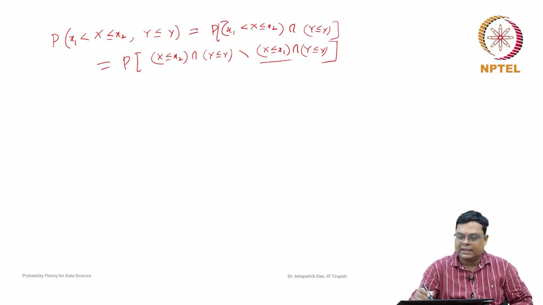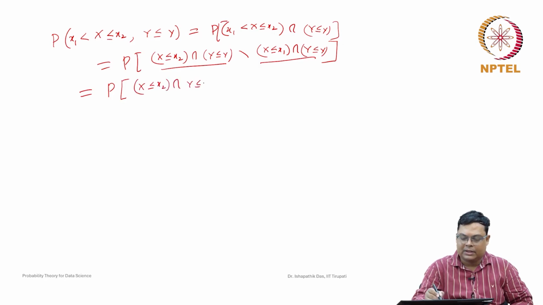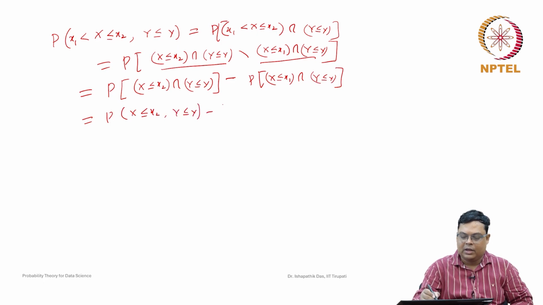Then, because this set is a subset of this set, by theorem 1.1 we can say the probability of {X ≤ x2} intersection {Y ≤ y} minus the probability of {X ≤ x1} intersection {Y ≤ y}, that is probability of B minus probability of A. So, this is nothing but P(X ≤ x2, Y ≤ y) minus P(X ≤ x1, Y ≤ y). By the definition of the joint cumulative distribution function, this is F_XY(x2, y) minus F_XY(x1, y).